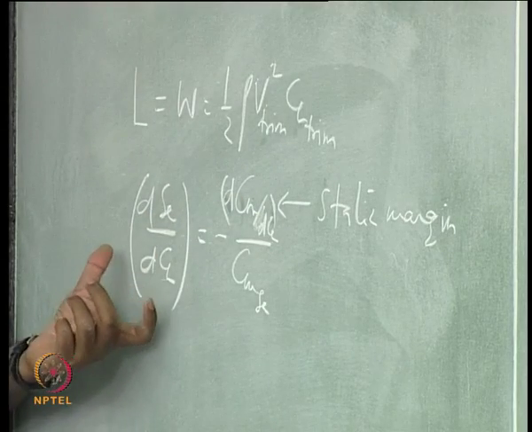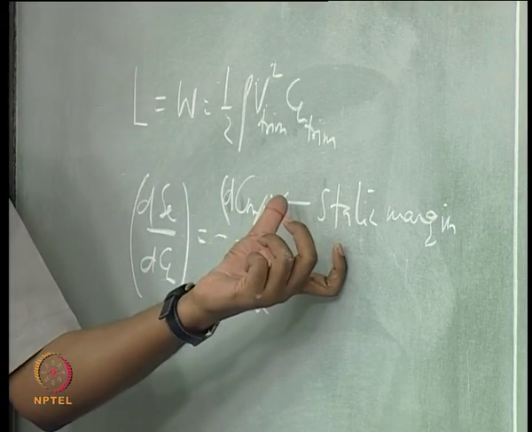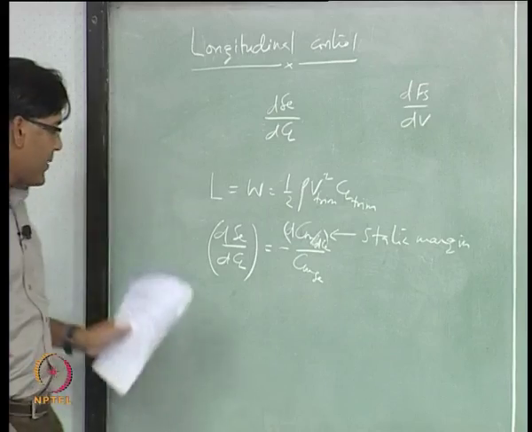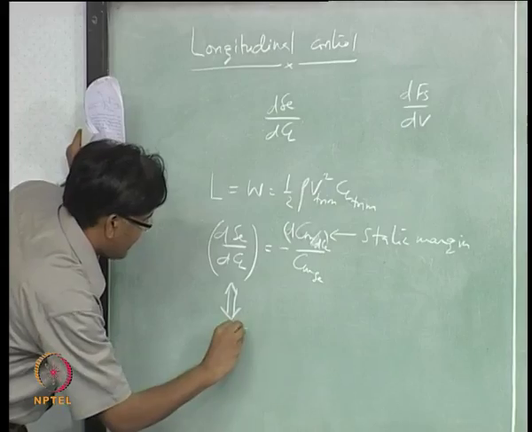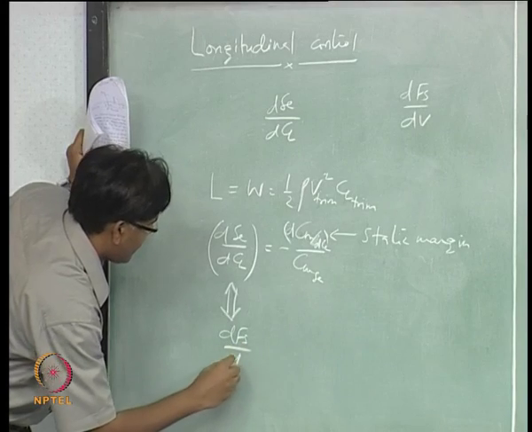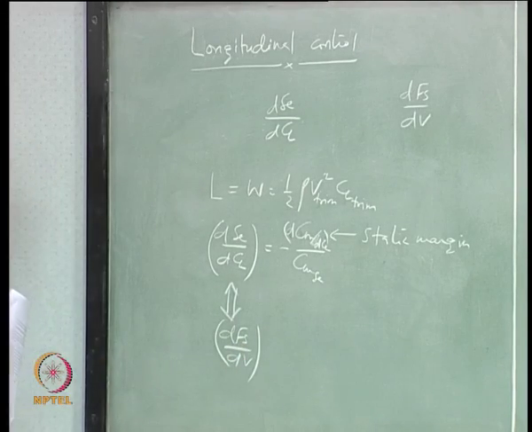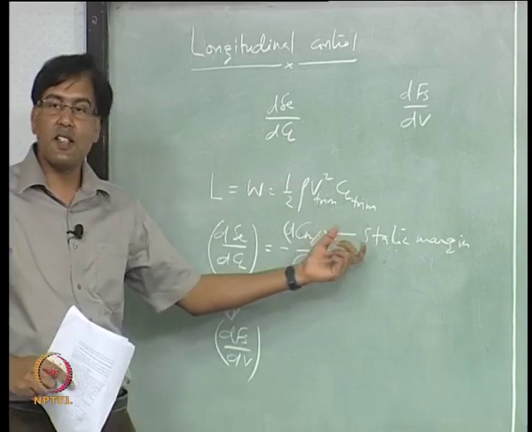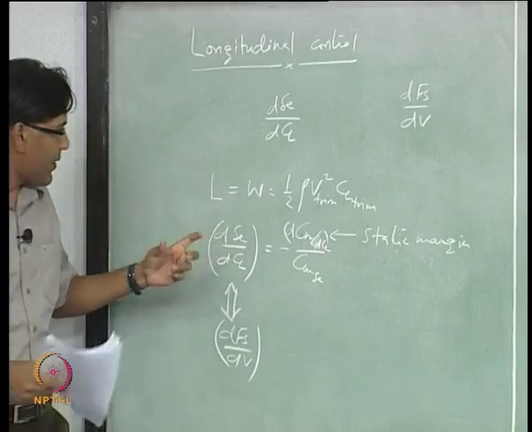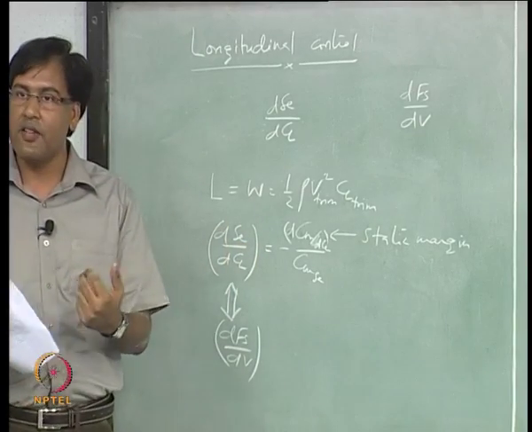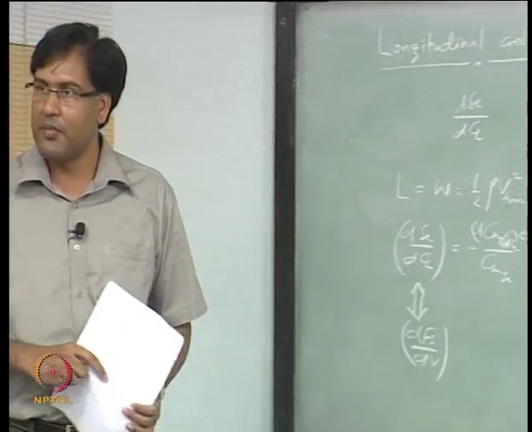So this is related to the static margin, right? And static margin is giving you the stability, isn't it? So more stability we have, the more control that we need to change the trim, right?